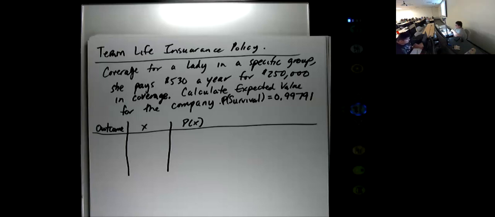What are the outcomes of this? There are only two possible outcomes over a year, from the insurance company's point of view. What are they? Not numerically, just think big picture. What possible outcomes affect the insurance company?